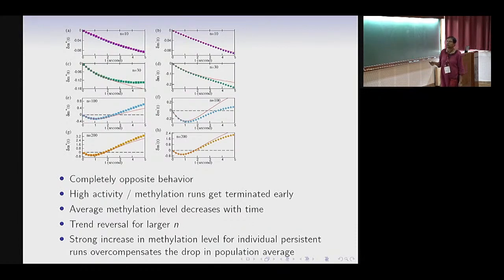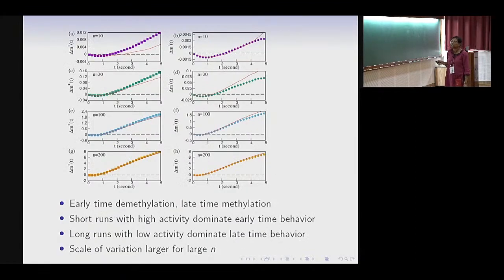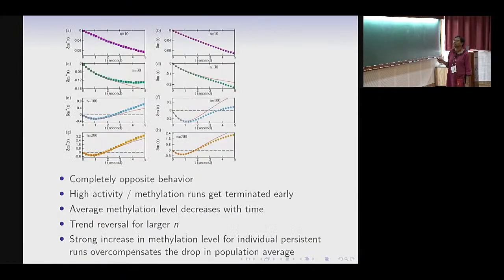When I plot small delta m, the other quantity, I see something very surprising. You look at this first panel, n equal to 10. Here it was initial demethylation followed by methylation, but here it is demethylation all along, it's just dropping. So actually what is happening here is that although individual trajectories may initially get demethylated and then go on to methylation, systematically many runs are terminating and dropping out of the population.